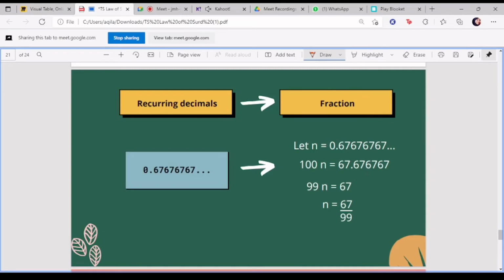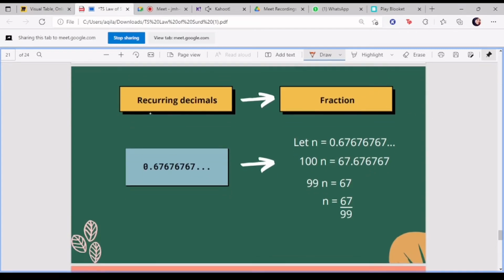Decimals can be converted into fractions, right? Yes, okay. So, let's learn a new thing today. For example, 0.5 you can convert easily into a fraction. You get 1/2, right? So, how about 0.676767...? How can you convert it into a fraction?